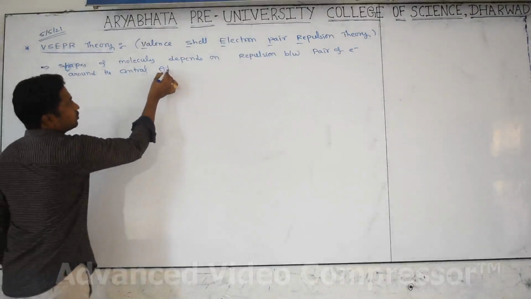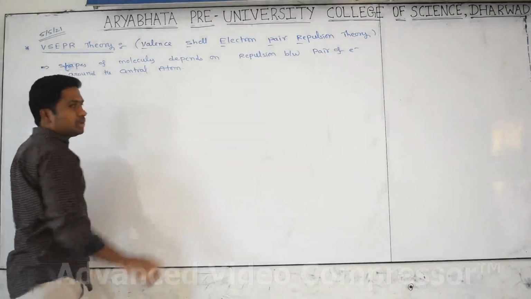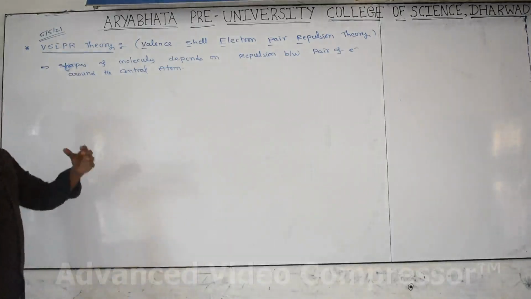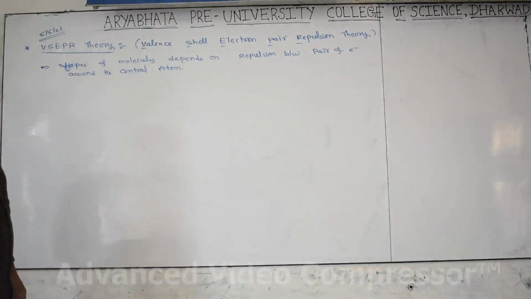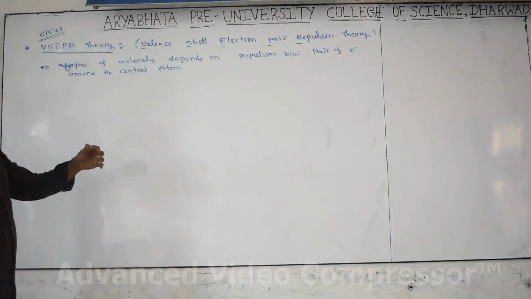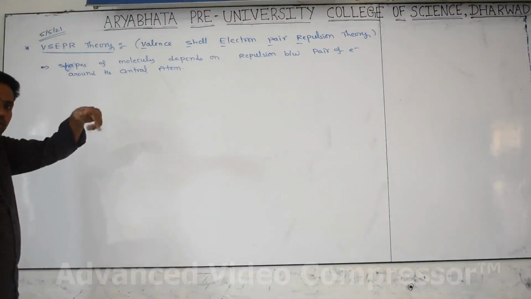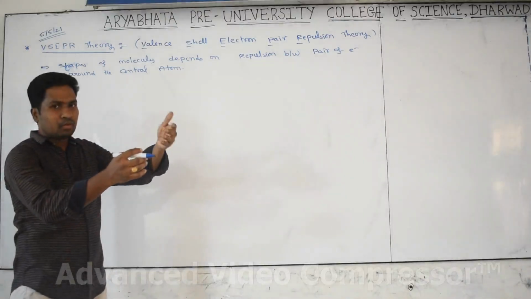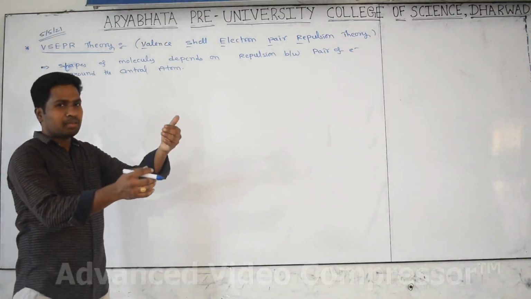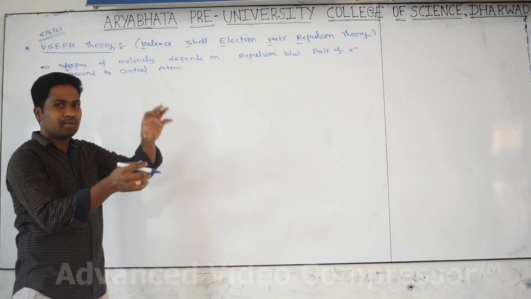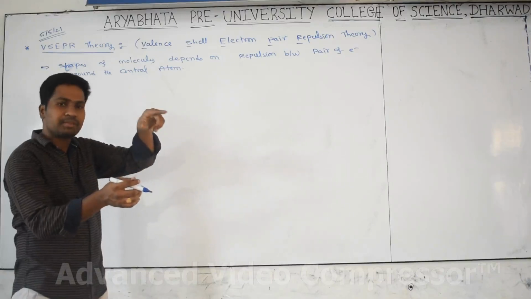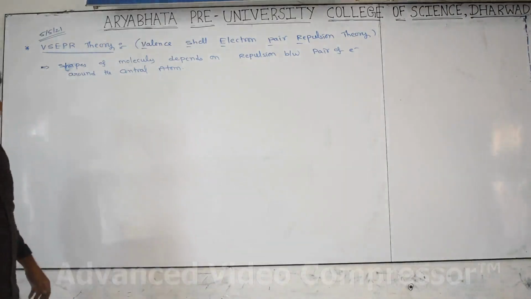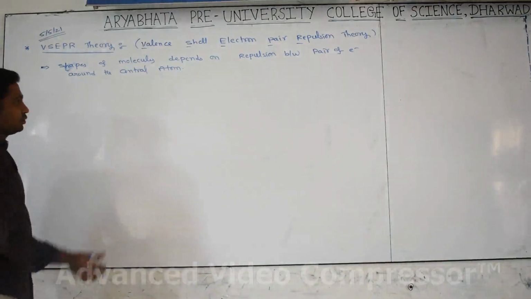So what is the first point? Whatever molecule it is, the shape of the molecule depends upon the repulsion between pairs of electrons around the central atom in a molecule. So around the central atom you may have lone pairs or bond pairs. Whatever we have between them, repulsion will be there. The repulsion will affect the shape and angles in a molecule.